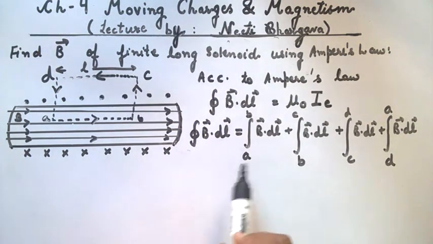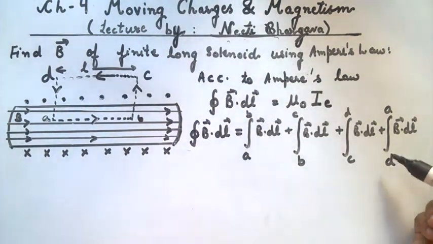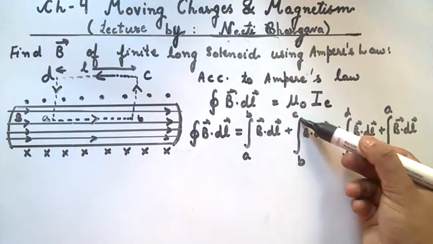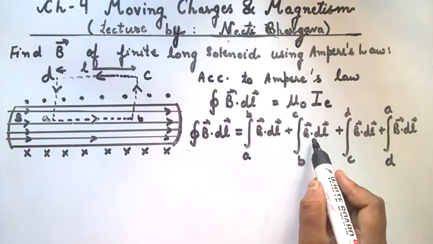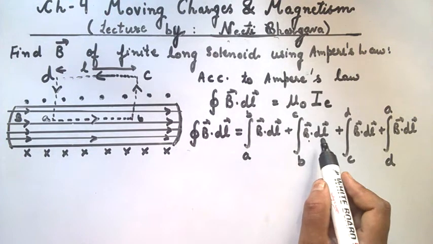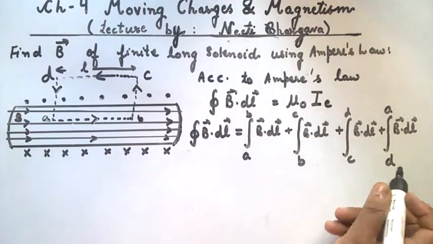Now consider the AD part and the BC part. Here we can see that the angle between the magnetic field and the length element is 90 degrees. Therefore cos 90 is 0. Thus this part will become 0.